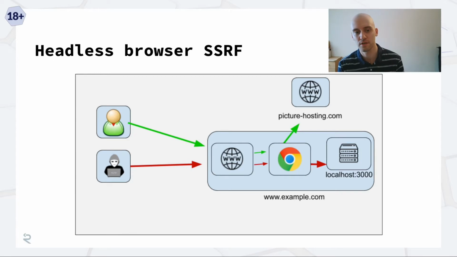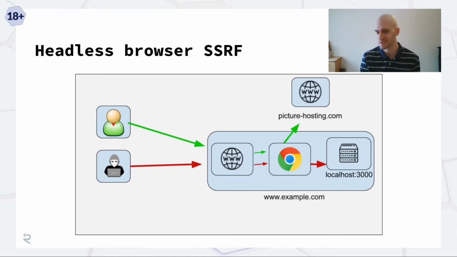And if an attacker can craft some malicious request and force this headless browser to request what was not intended to be requested, usually local infrastructure endpoints, there is a possibility to perform an SSRF and do whatever, take over the server, perform RCE, stuff like that.